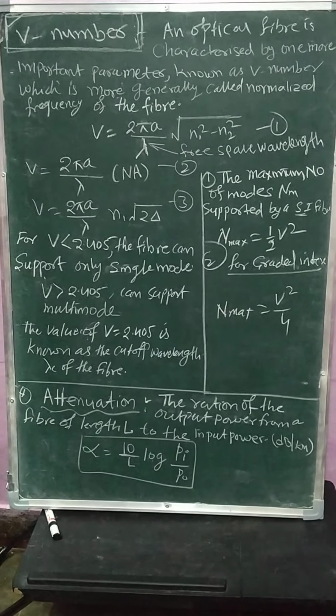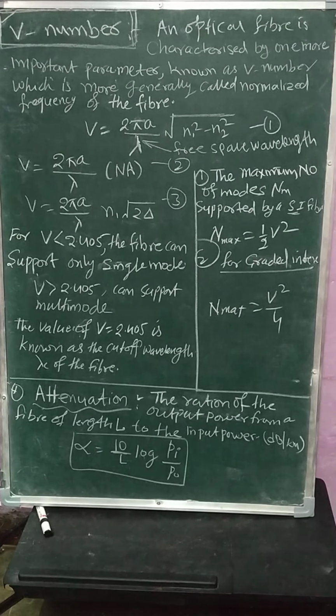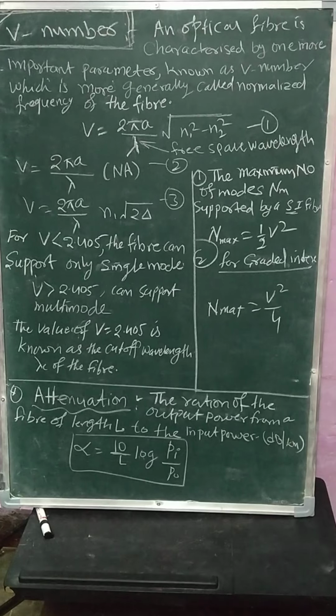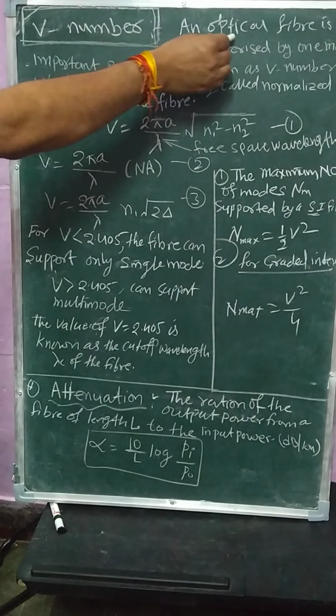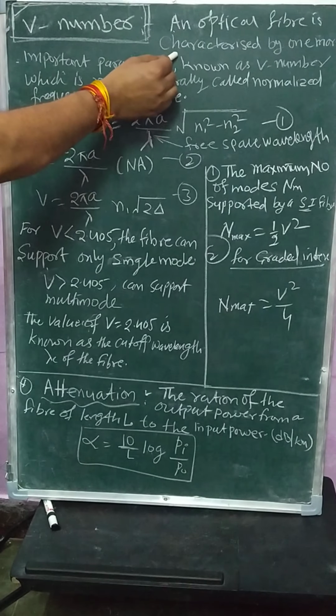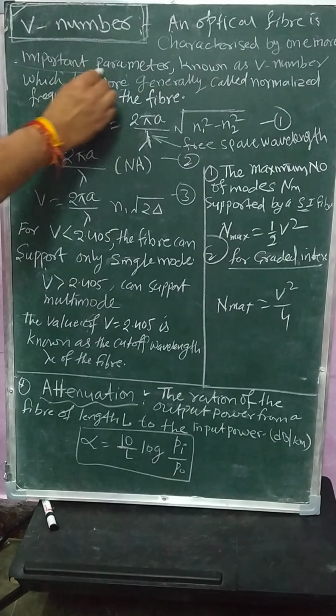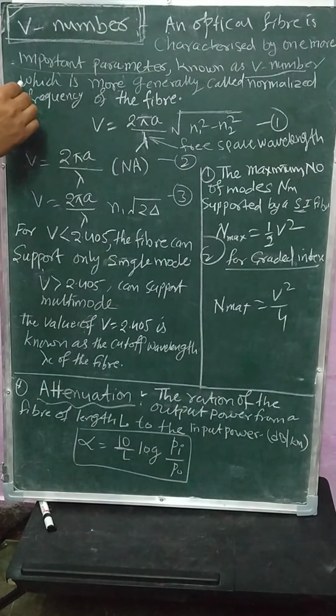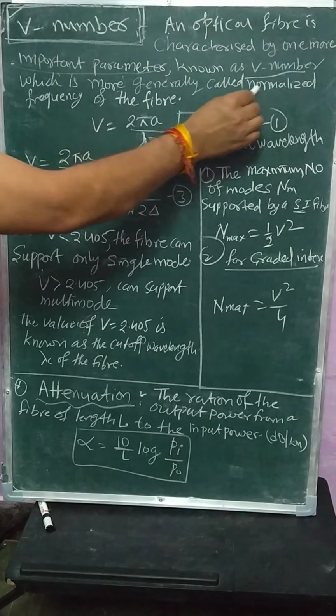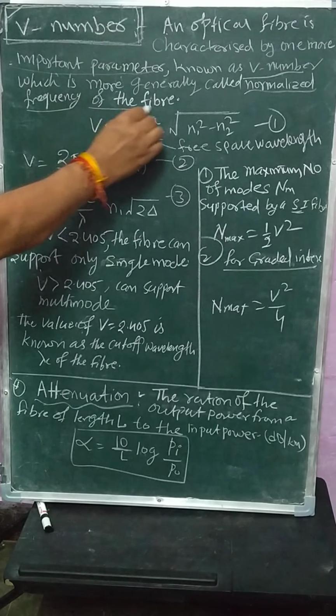The next point is the V number, most important, related to step index and graded index and multi-mode and single mode. An optical fiber is characterized by one more important parameter known as the V number, which is more generally called the normalized frequency of the fiber.